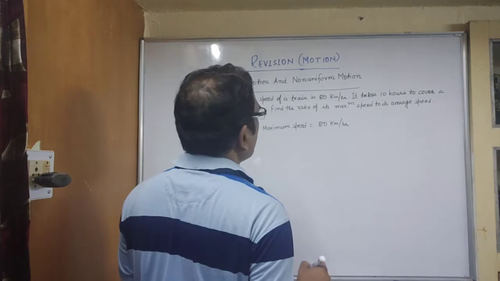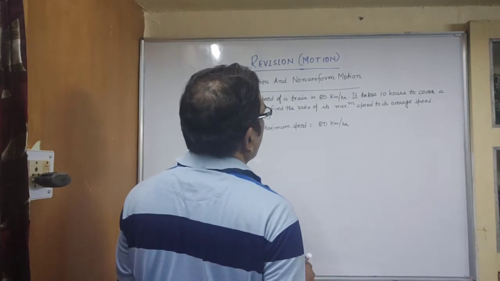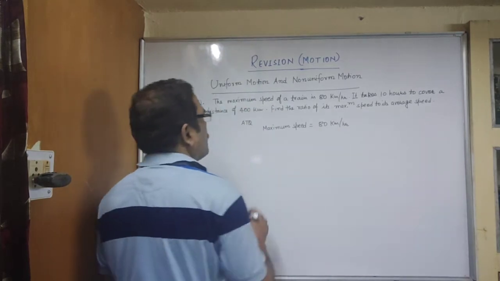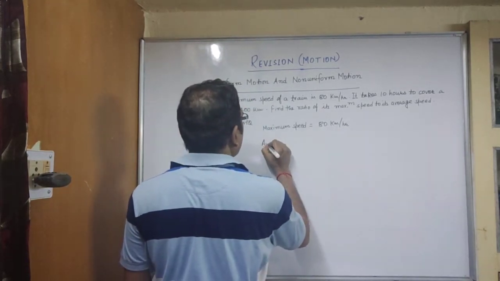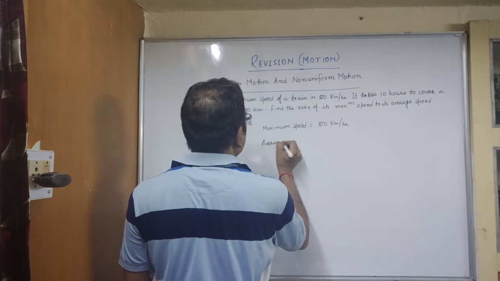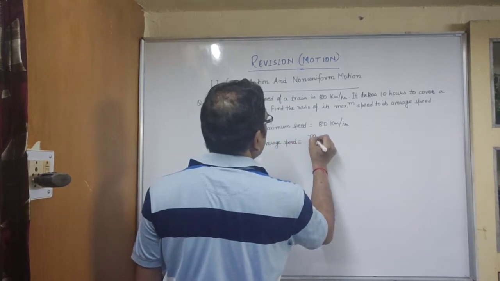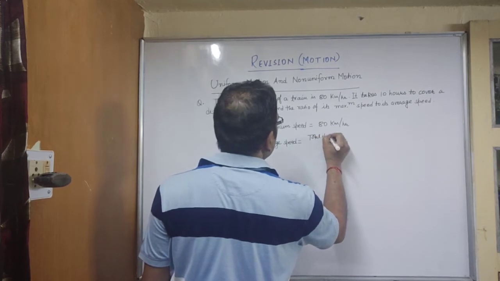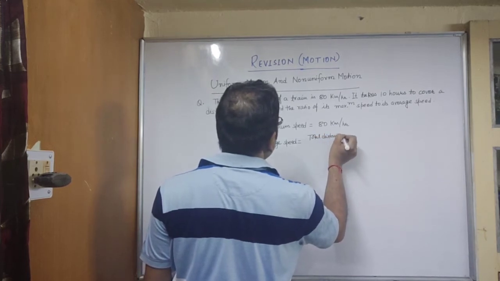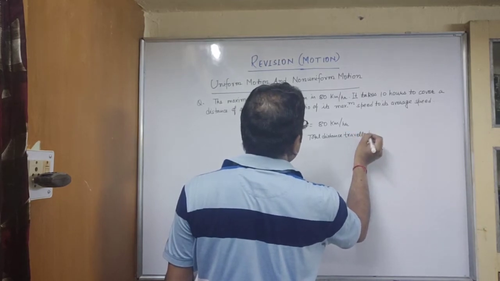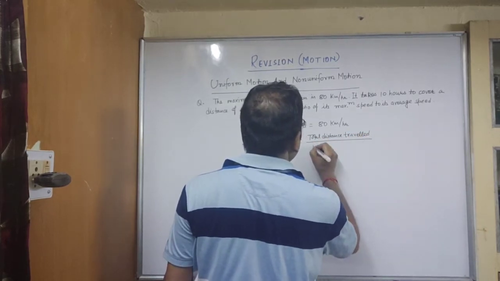Now it is also given that it takes 10 hours to cover a distance of 400 km. So average speed will be total distance traveled by total time taken.